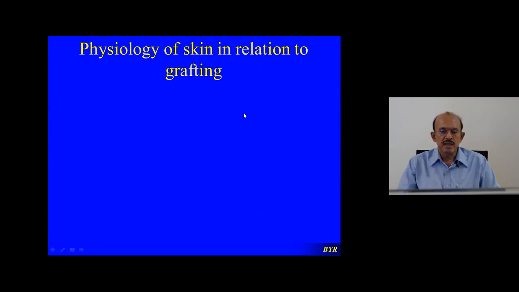Physiology of skin in relation to skin grafting. Skin is having epidermis, the outer layer. It contains labile cells. The labile cells have good regenerating capacity. If these cells are lost, they are again replaced.